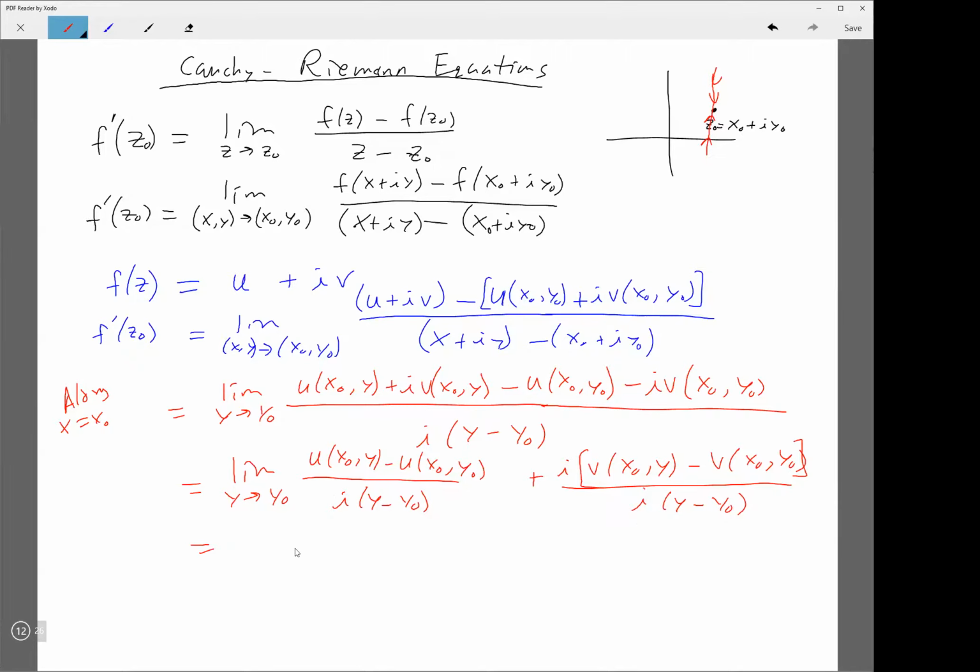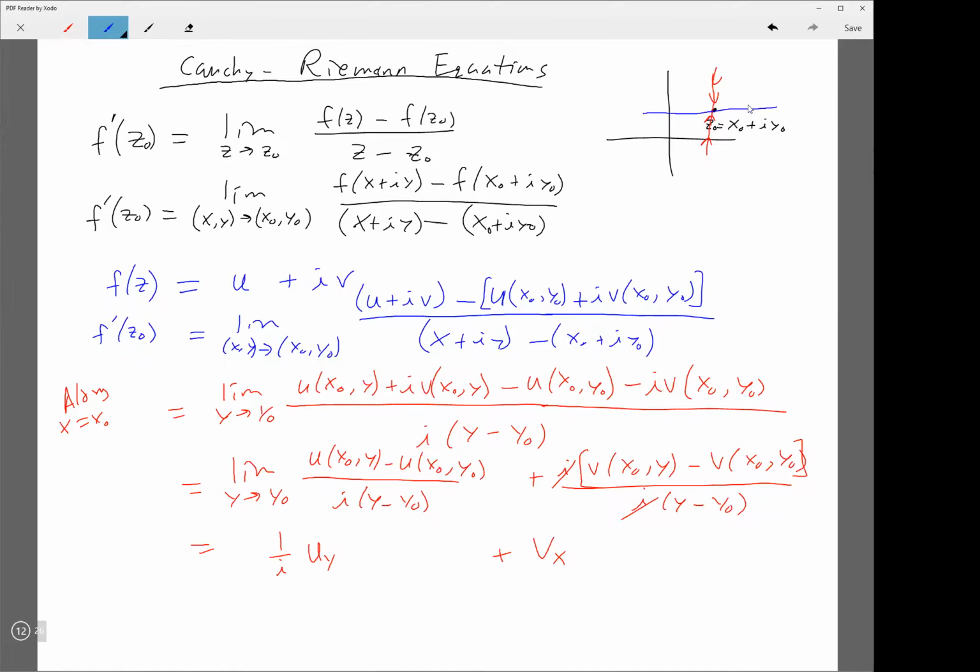This right here is just 1 over i, so I have this i right here, times the partial of u with respect to y. And then this one, the i's are going to cancel, and so this is going to be the partial of u with respect to x.